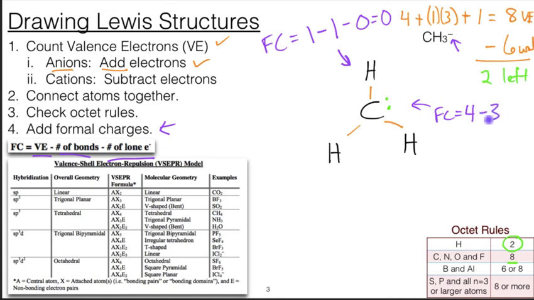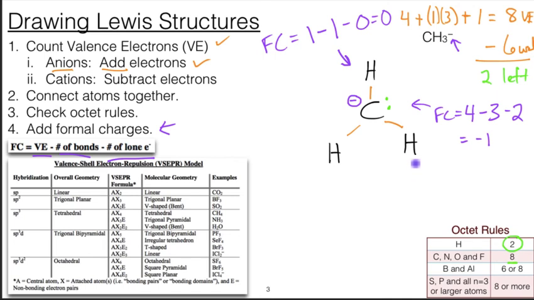So I got 3 bonds, and I have 2 lone electrons. What's the math here? Well, 4 minus 3 minus 2 is minus 1. Minus 1 matches up with the minus 1 here. So now that I've determined that that carbon is carrying a minus 1 charge, I apply it directly to that atom there. And there's my complete Lewis structure.